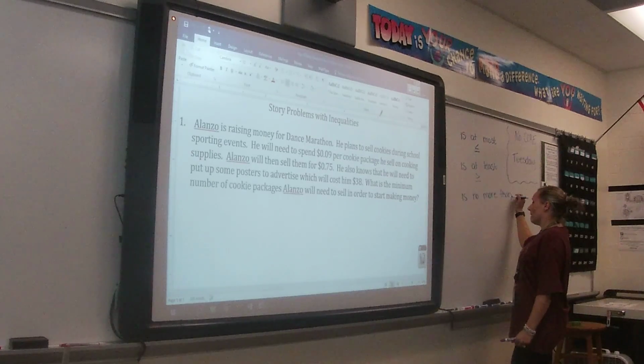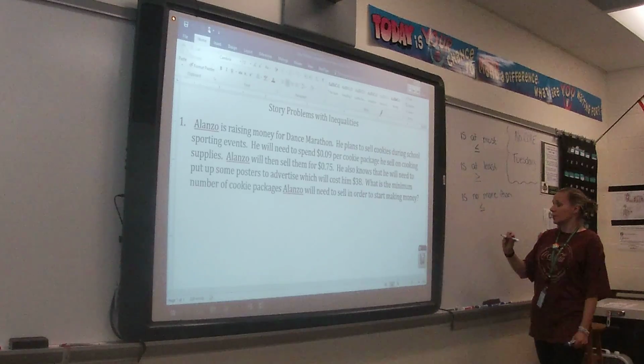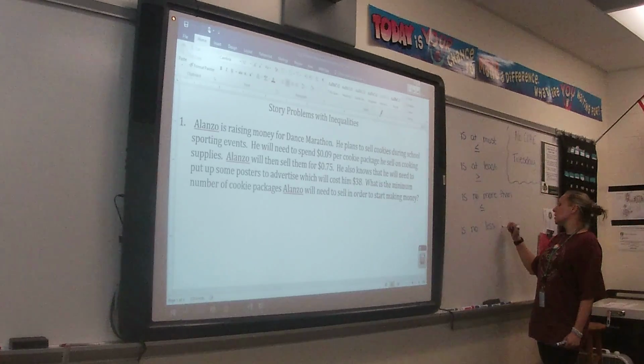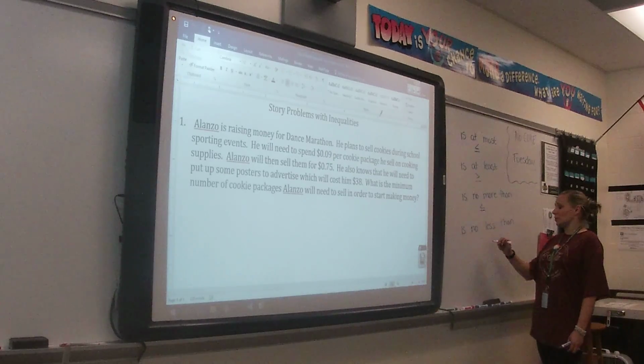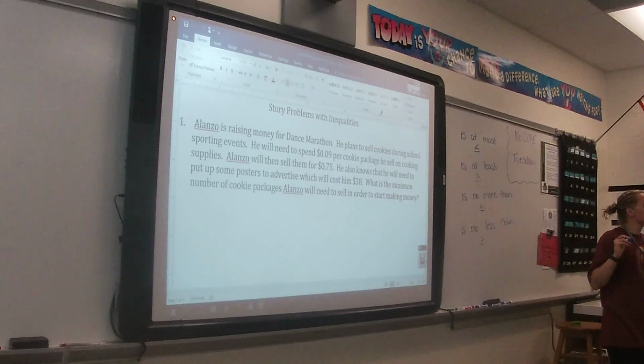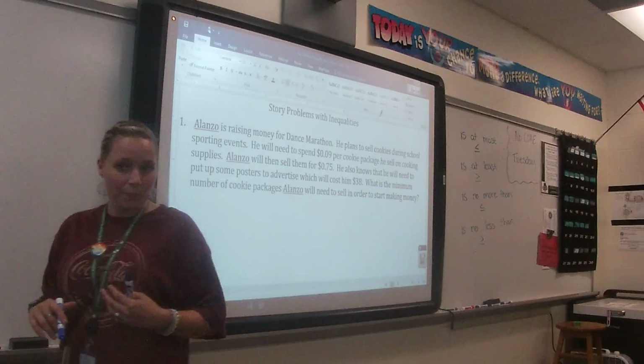Less than or equal to. Right, not more than, so less than or equal to, and "is no less than," right? These are terms that we already had on the table. These are things that we should already know. Okay, we're just going to merge that idea with what we've already learned about story problems.